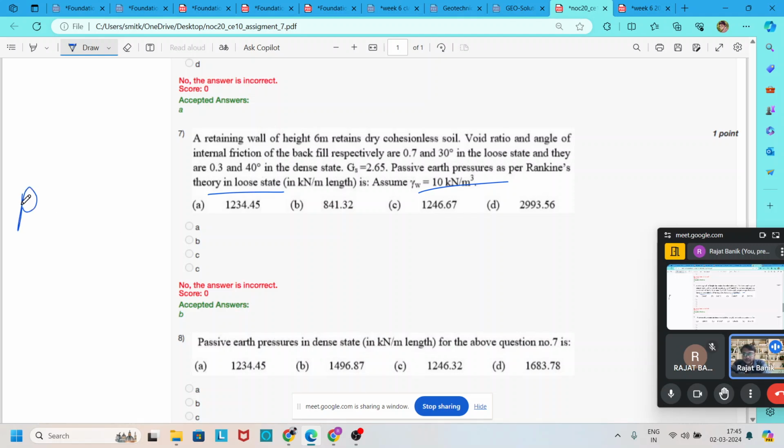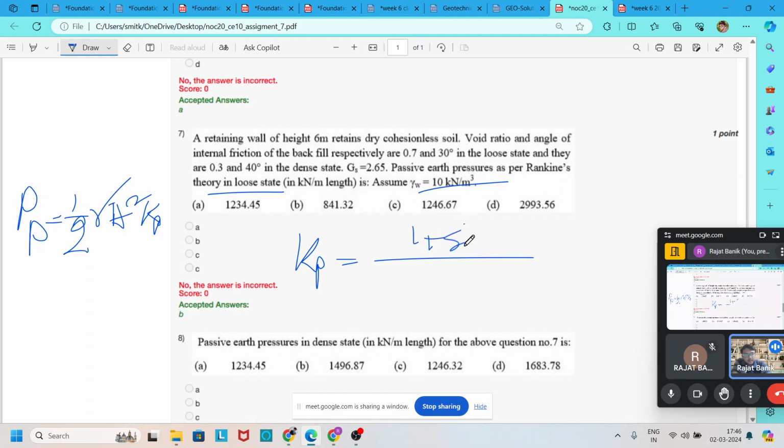So we know that for passive earth pressure, Pp is half into gamma H square into Kp. Kp is nothing but 1 plus sine phi divided by 1 minus sine phi, or we can say tan square 45 degree plus phi by 2.